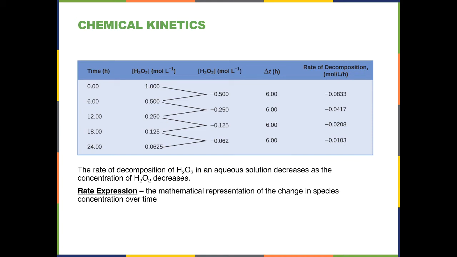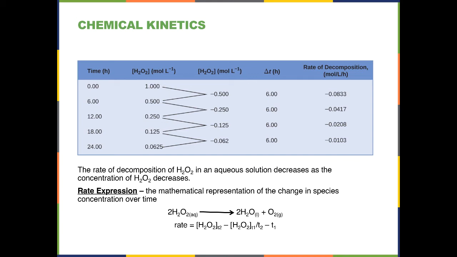And so a rate expression, or a mathematical representation of this change over time, can be written based on the concentration of the species involved. And it would look something like this. Here's the equation. You have 2 peroxides converted to 2 waters plus oxygen, and the rate would look something like this.